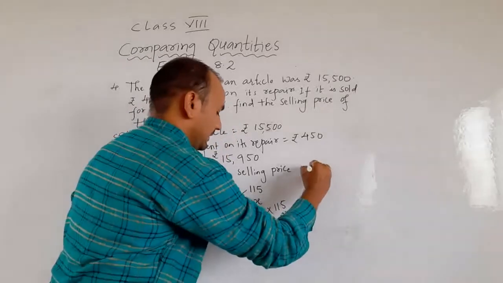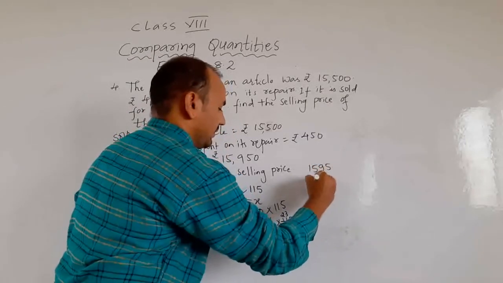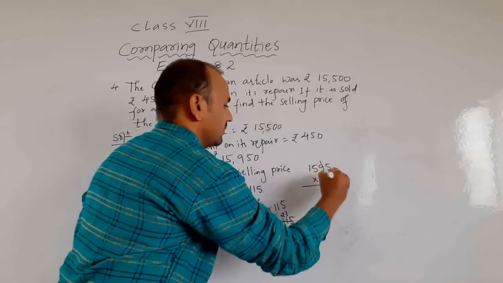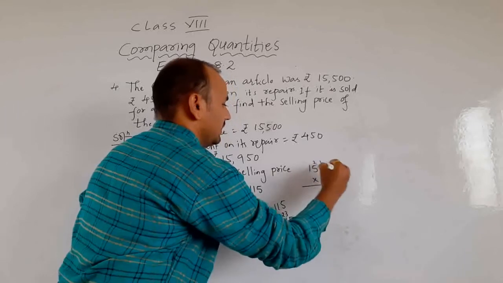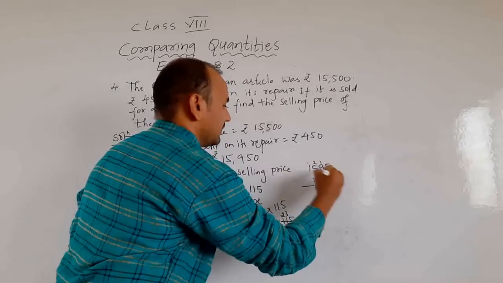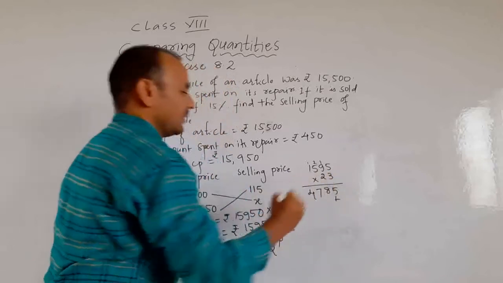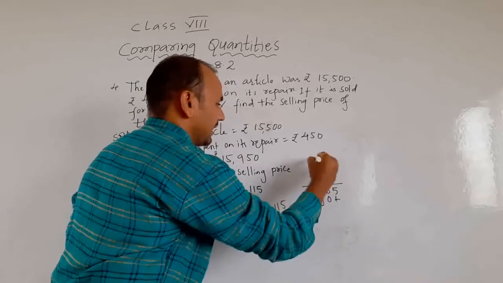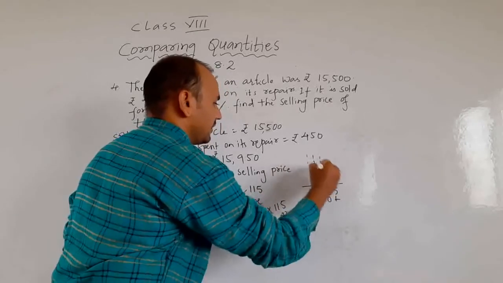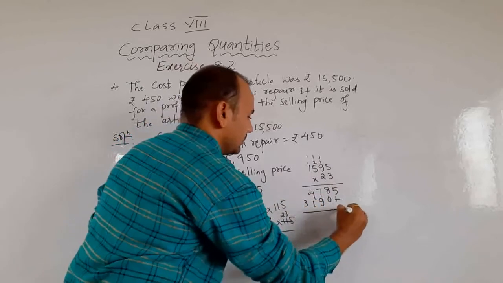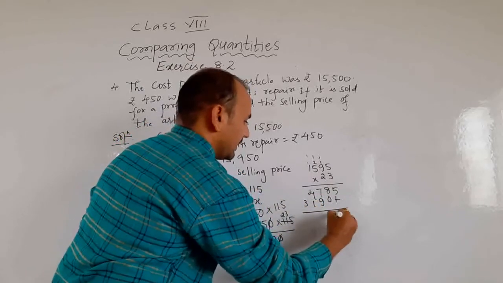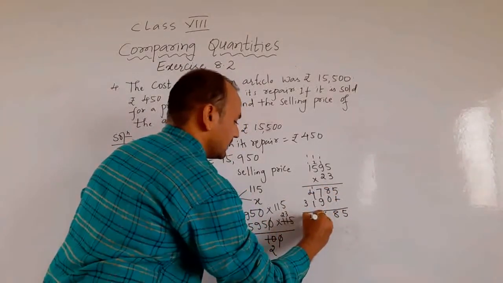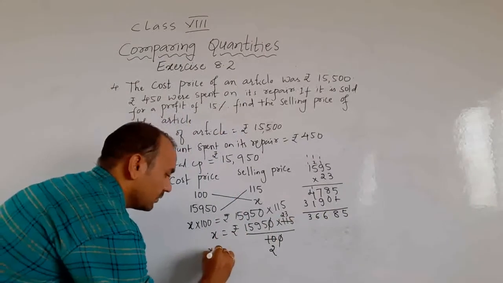So let us multiply 1,595 into 23. 3 5s are 15, carry 1, 3 9s are 27 plus 1 is 28, 3 5s are 15, 16, 17, carry 1, 3 1s are 3 plus 1 is 4. 2 5s are 10, 2 9s are 18 plus 1 is 19, carry 1, 2 5s are 10 plus 1 is 11, carry 1, 2 1s are 2 plus 1 is 3. Adding, this is 5, 8, 9 plus 7 is 16, carry 1, 4 plus 5 is 6, and this is 3. So X is equal to 36,685 rupees divided by 2.